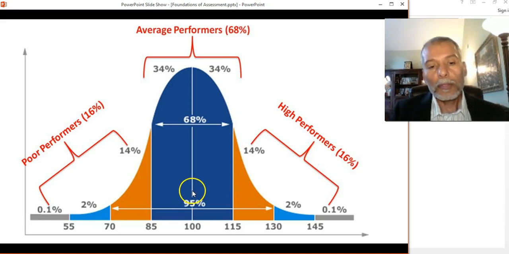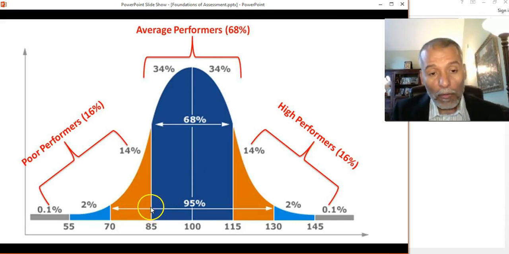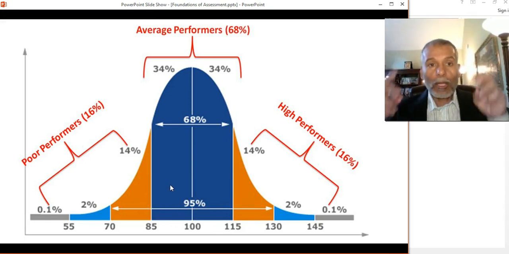If you go from this line again, the mean, and go below it to the other side, 85, that is still called average. However, it is in the lower end of average. So the cutoff between 85 and 115 makes what is known as the average, as the normal.